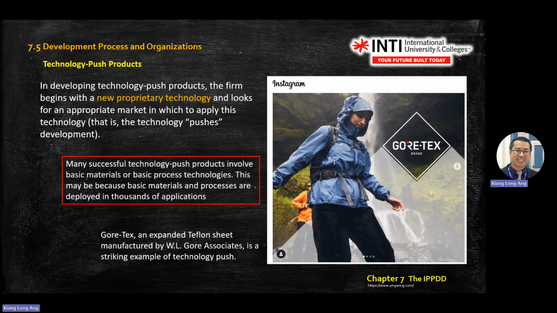For example, the graphic card, I forget the Taiwan brand. NVIDIA, that one. So that one is also another technology push product. So they have the technology, then they try to push it to the next level. Right?